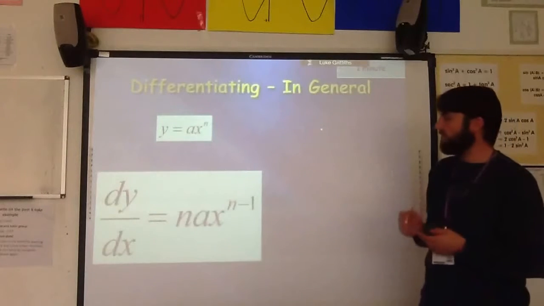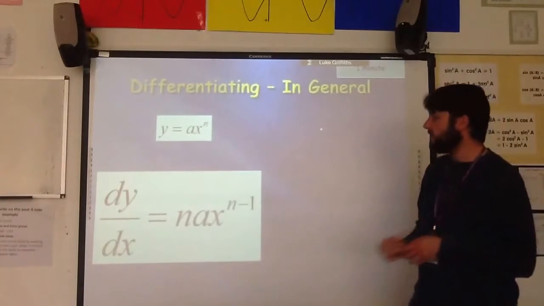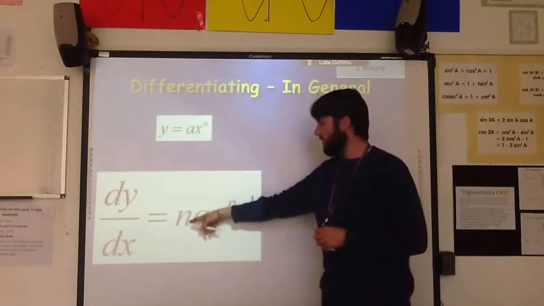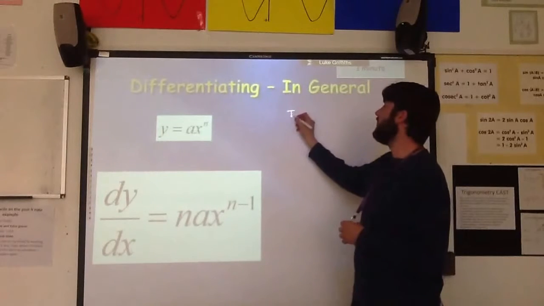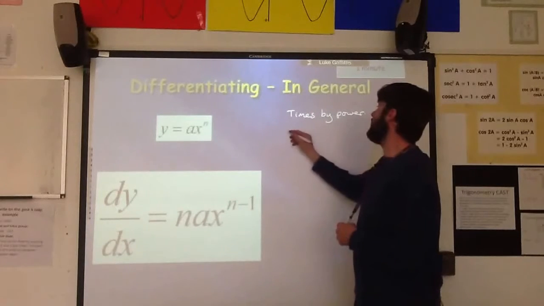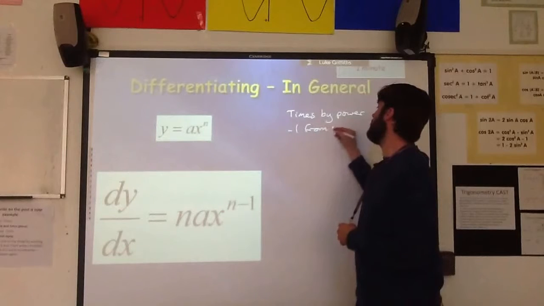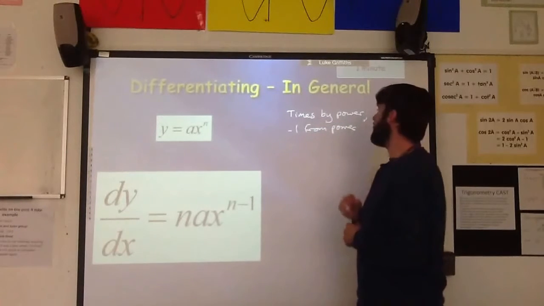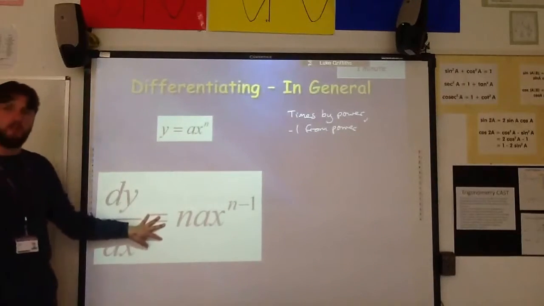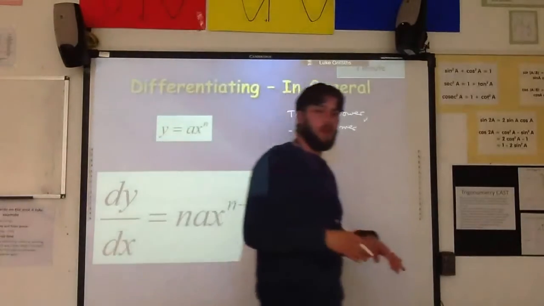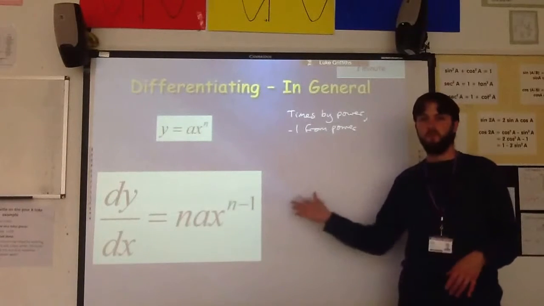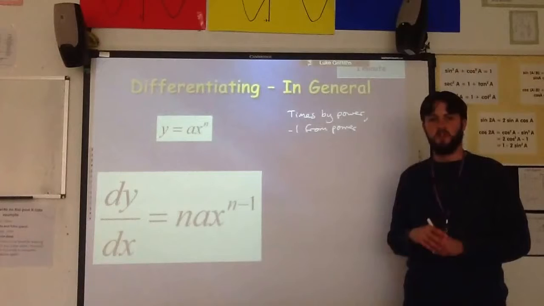The general formula for differentiating a multiple of a power of x is that we multiply by the power and take one away from the power. Some people prefer to think of it in words, some people like seeing it in algebra. All that matters is that you know how to do it, and of course, what it's finding. It's finding a function for the gradient, a rule into which we can put numbers to find out what the gradient is.